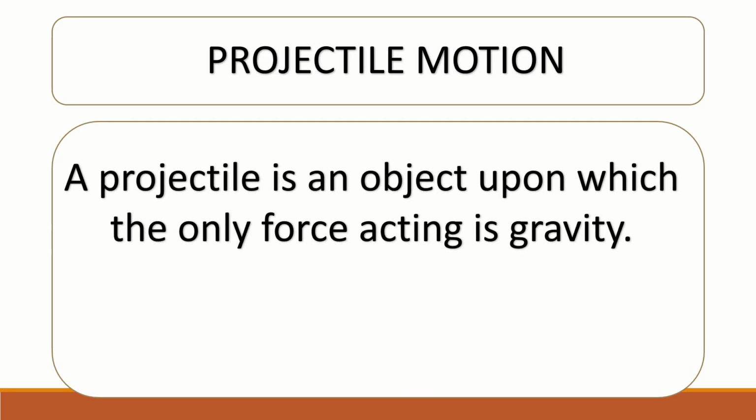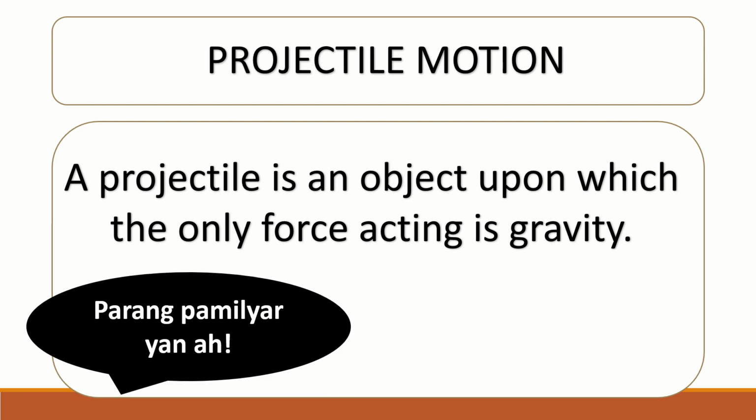So projectile motion is the motion of an object upon which the only force acting is gravity. Technically speaking, this is how we define projectile motion. But if you take a look at it, it sounds familiar, right? The definition sounds familiar simply because it is the same as the definition provided under free fall.